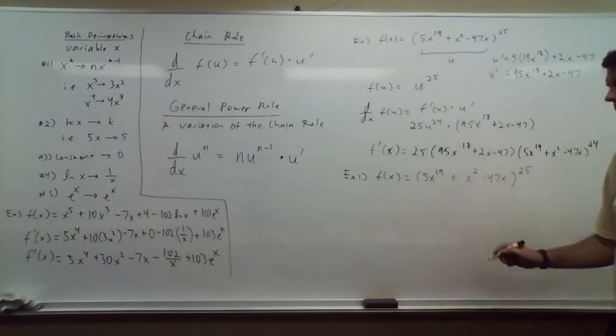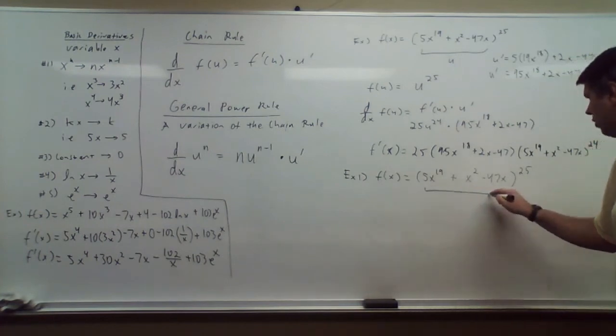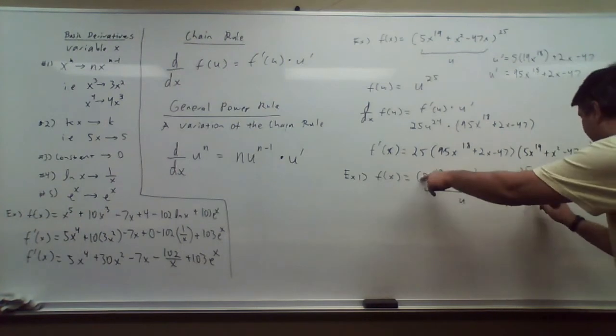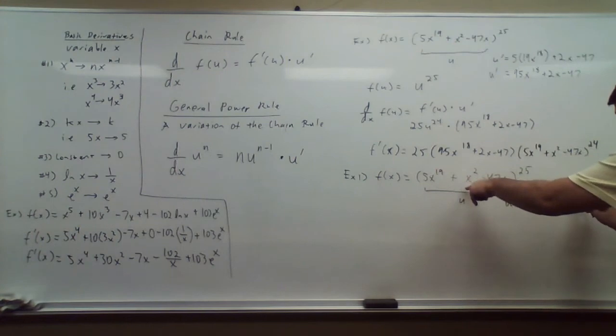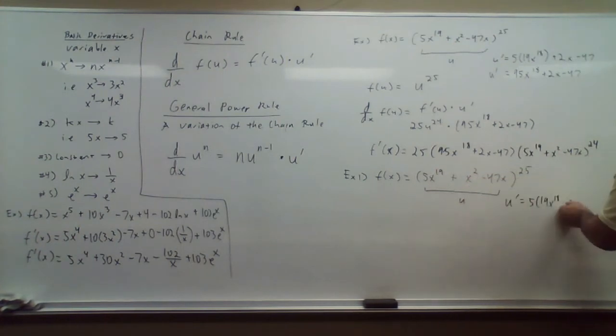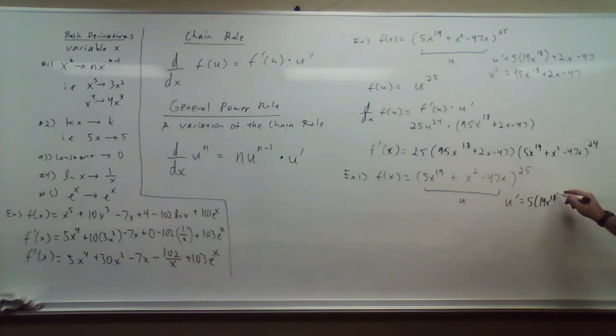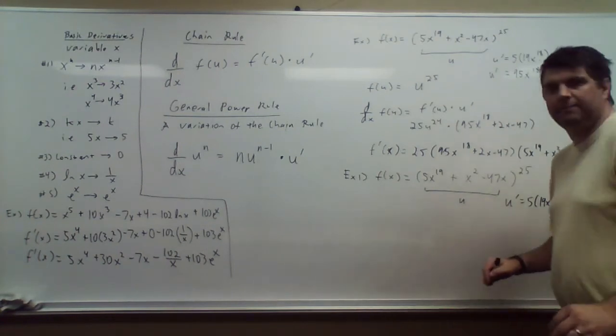Now this will take the role of u, and u prime is again 5 times 19x to the 18th plus 2x minus 47.